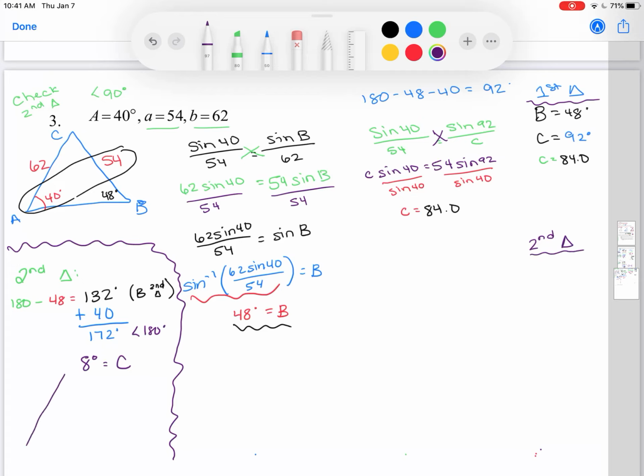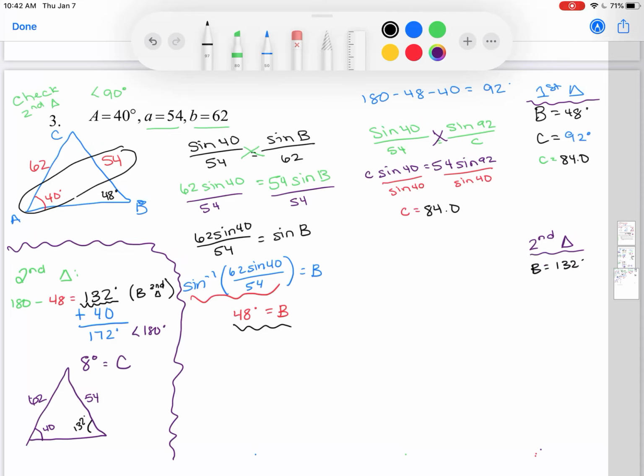All right. So again, this is a new triangle. If I want to build it, I'd still have the same A value of 40 degrees, the same A across, which is 54, and the same B, which is 62. The only thing that changes now is I found my new B, which would be 132 degrees.